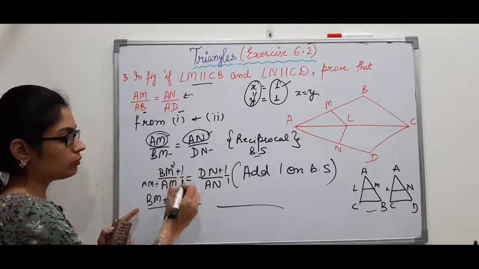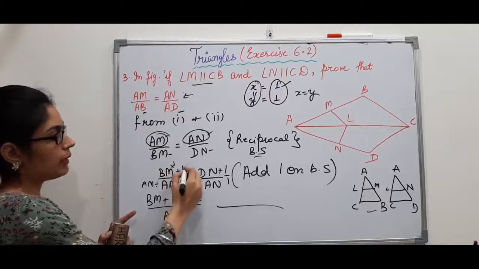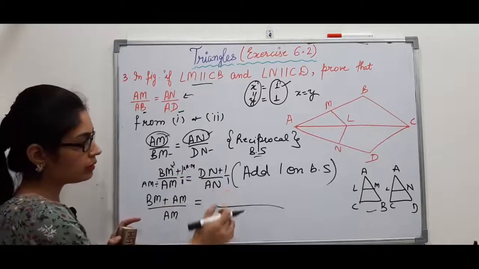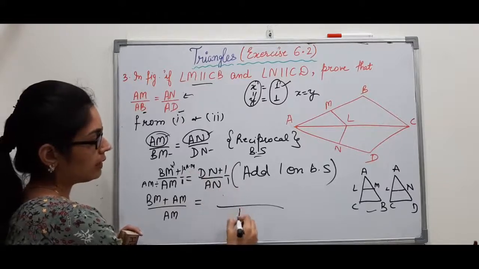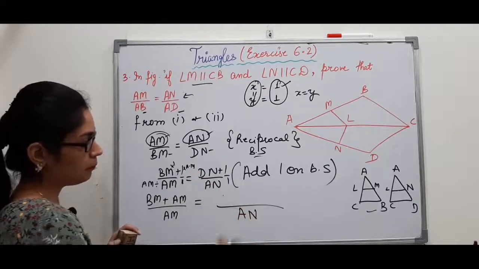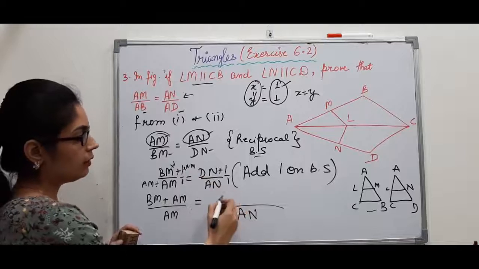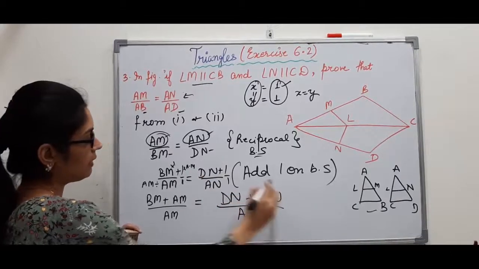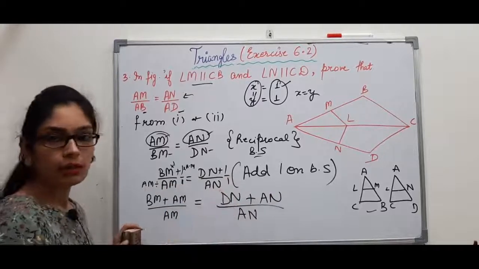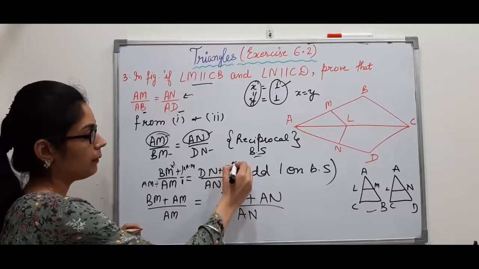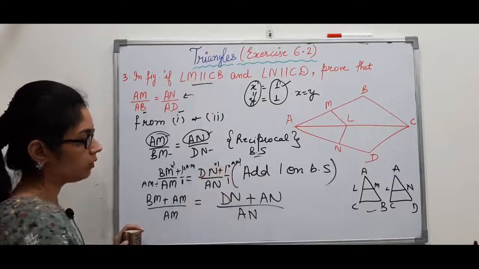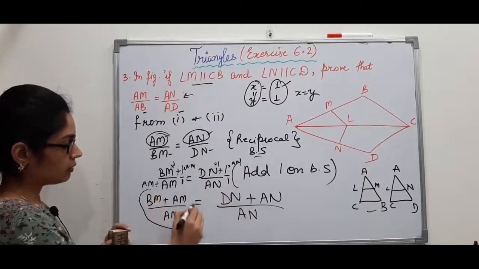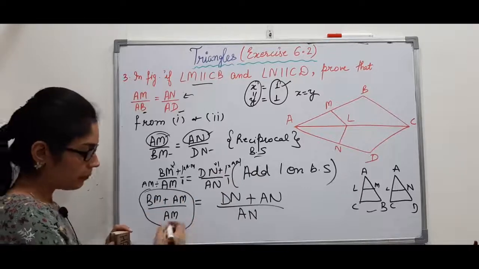Plus with 1, if you divide AM, it will be AM, so 1 into AM. Same way on this side: plus 1 means AN will be the LCM of 1 and AN, then it will be DN plus AN. Same way, you divide the LCM by the denominator and multiply with the numerator. So I got BM plus AM upon AM.